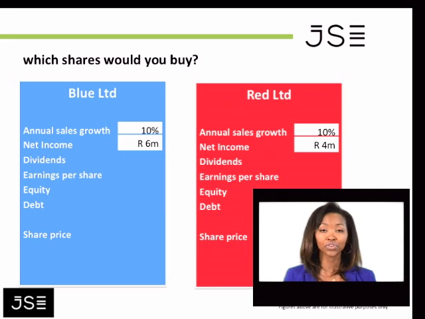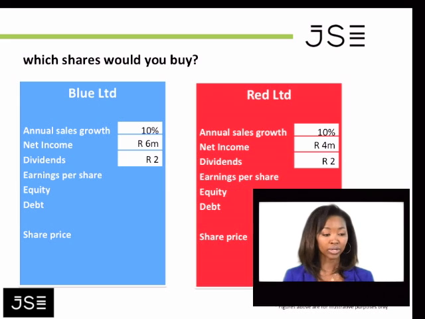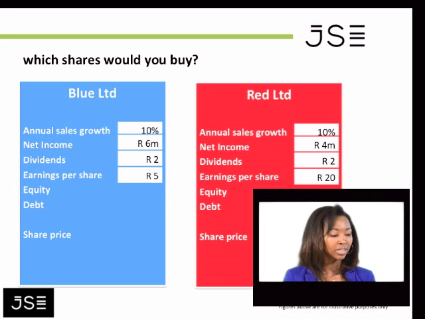So even though we've got this information so far, you can't really base a decision on just net income and sales growth alone. So let's look at dividends. Both companies pay a 2 Rand dividend, so that makes us indifferent there.